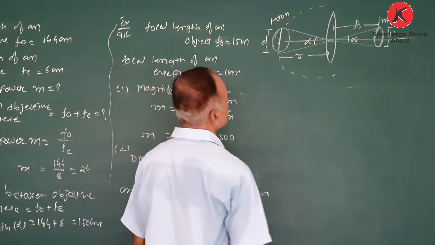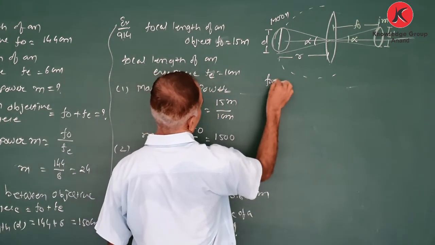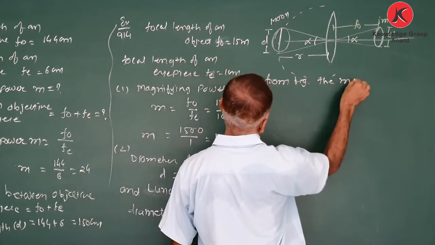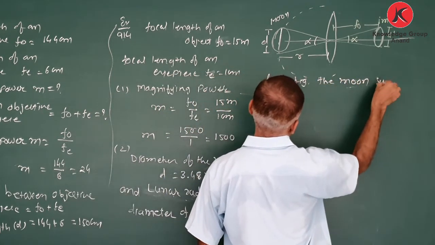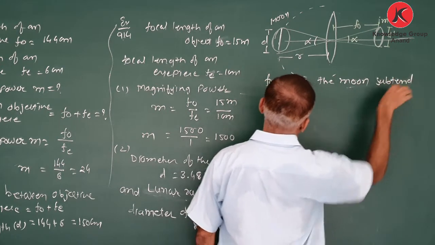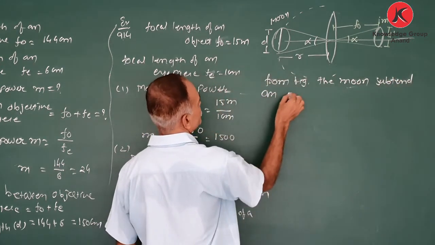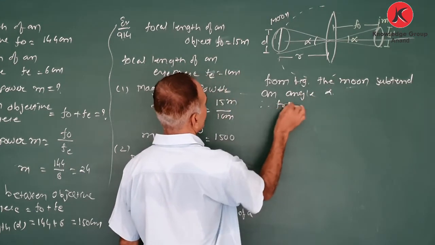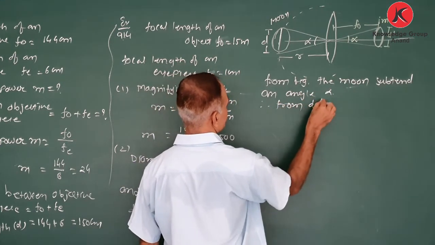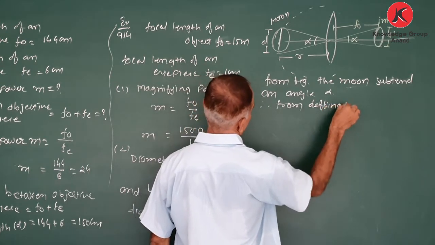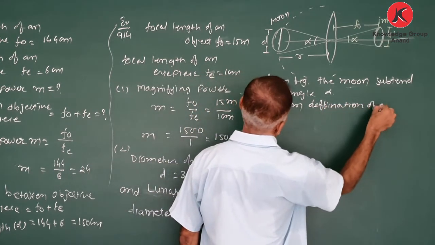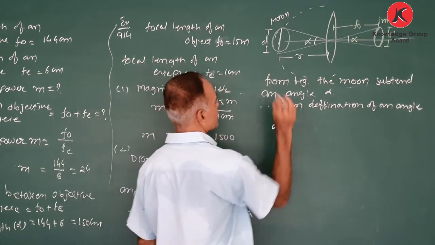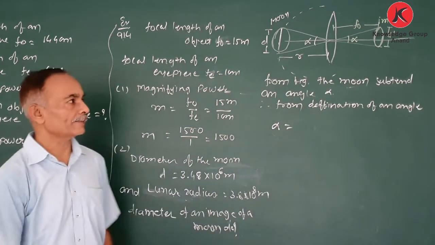Okay, now from the figure, the moon subtends an angle alpha. Therefore, from the definition of angle, alpha is equal to arc upon radius.